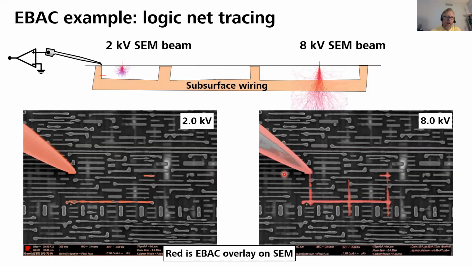For example, at 2 kV, because the electron penetration depth is actually less than the subsurface wiring, a 2 kV image is only going to show us the top surface features. Whereas at 8 kV, we can see the beam will be interacting with the subsurface wiring, and therefore we can sometimes measure out the entire net.